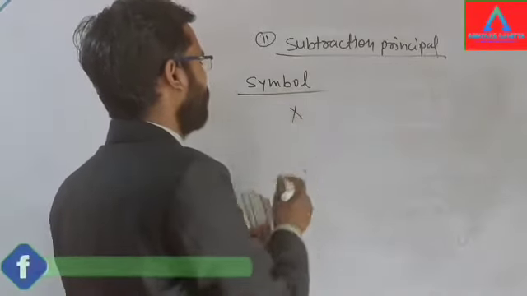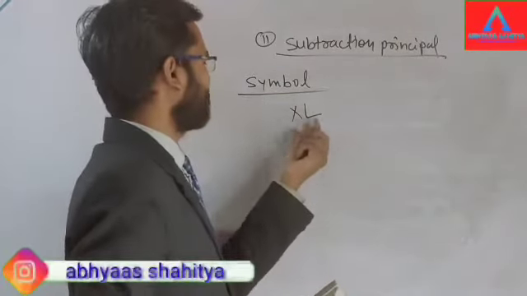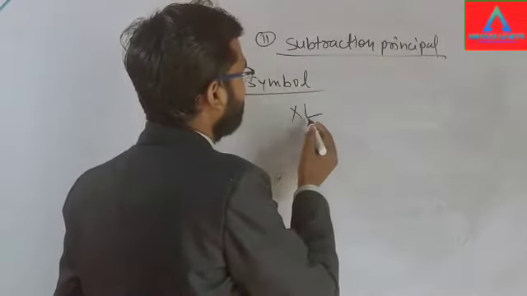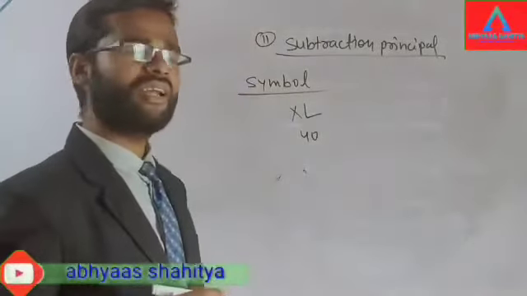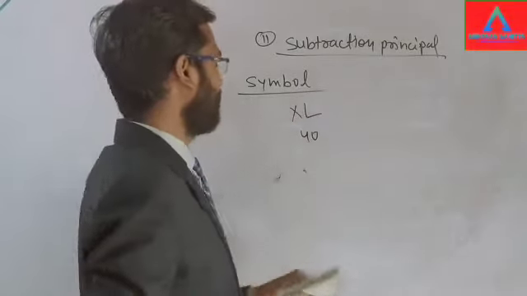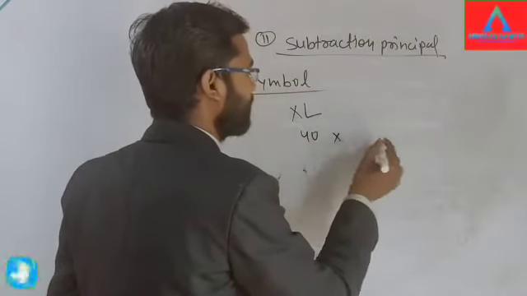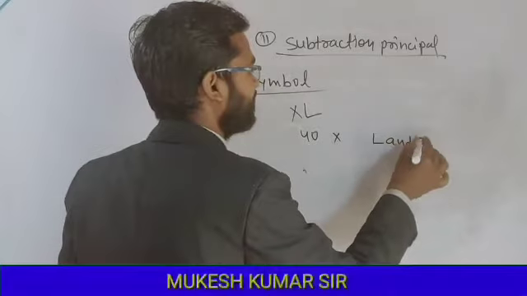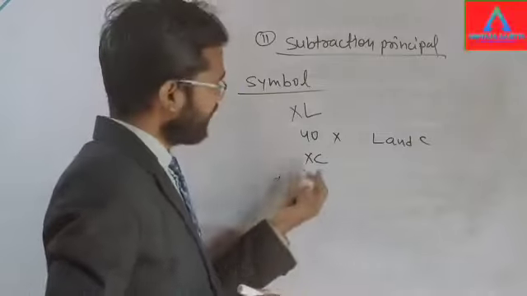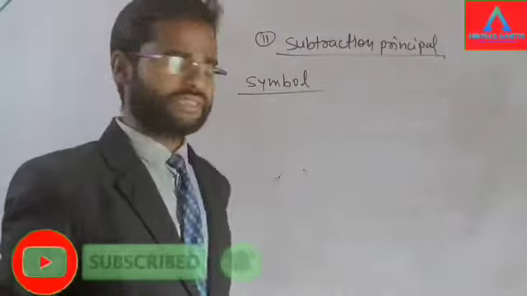But if I want to write L after X, L is greater than X. L means 50, so XL means 40, because 50 minus X. And the rule I have already said: X can be subtracted from L and C only. So similarly you can write. It is a very easy rule in the Roman system of numeration.